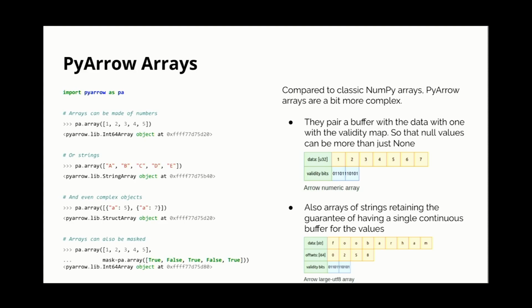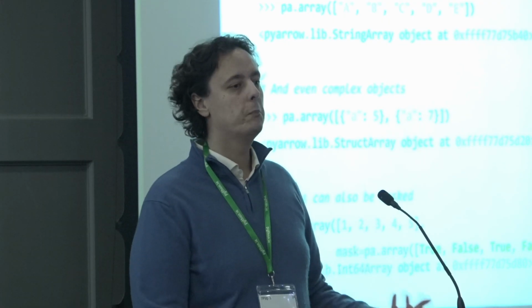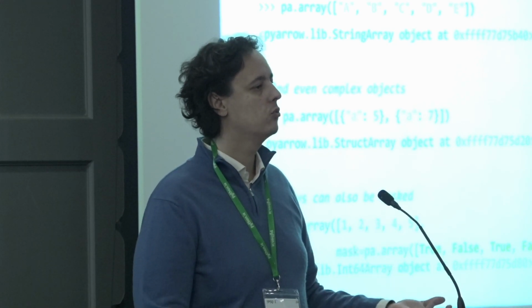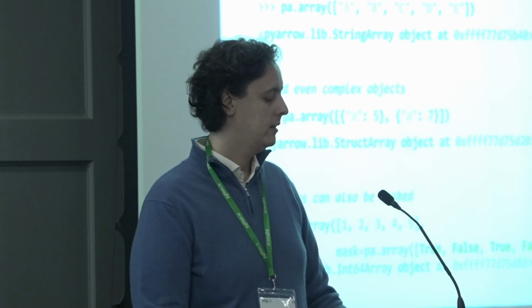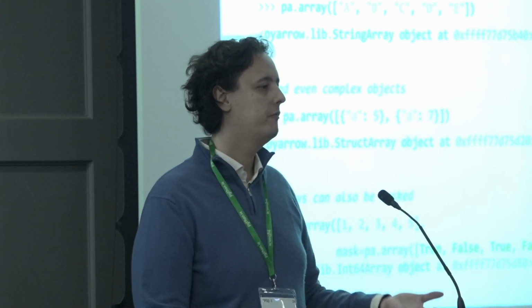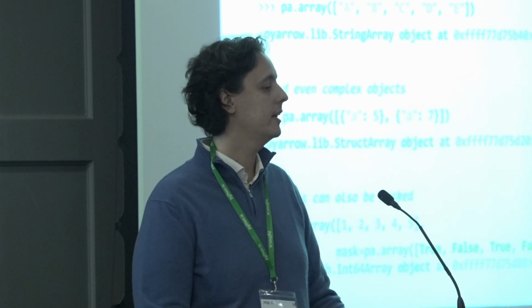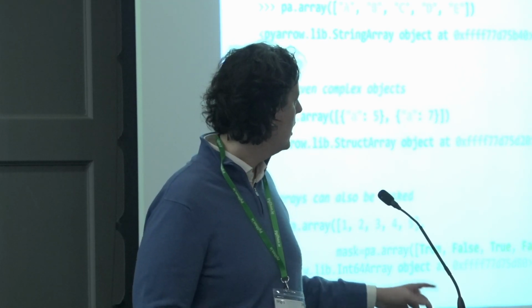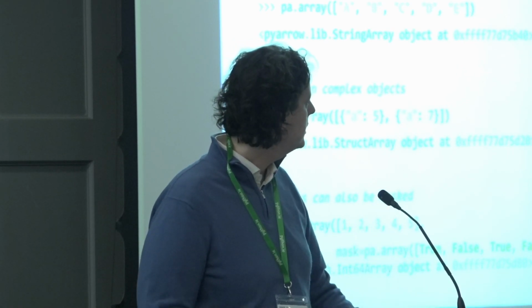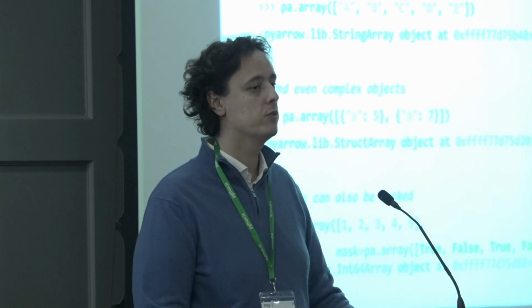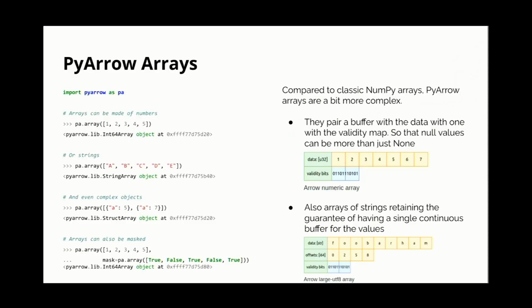If you ever worked with strings in NumPy, you probably know that it's one of the major bottlenecks, because in the end it uses Python strings, and that doesn't make it very fast or memory efficient to store string data, text data in NumPy. While PyArrow uses a dedicated string representation format, which in practice stores the strings as a single continuous buffer.